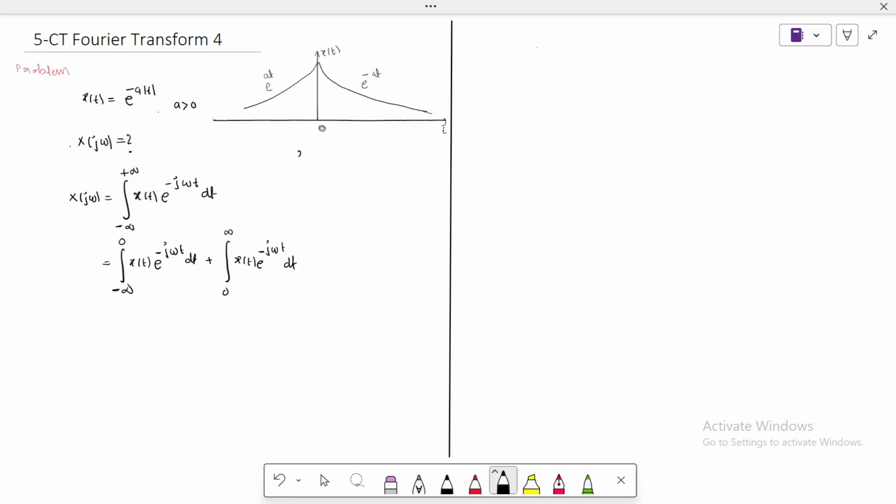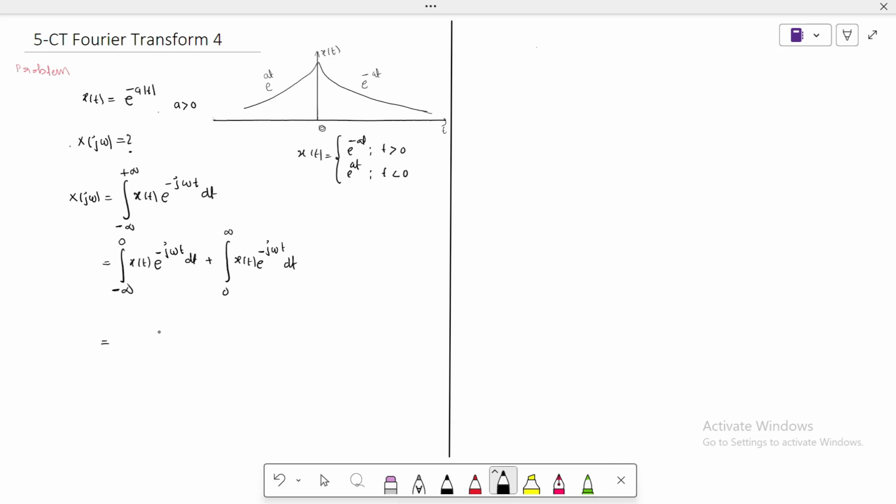The signal is e power minus at for t greater than 0, and e power at for t less than 0.